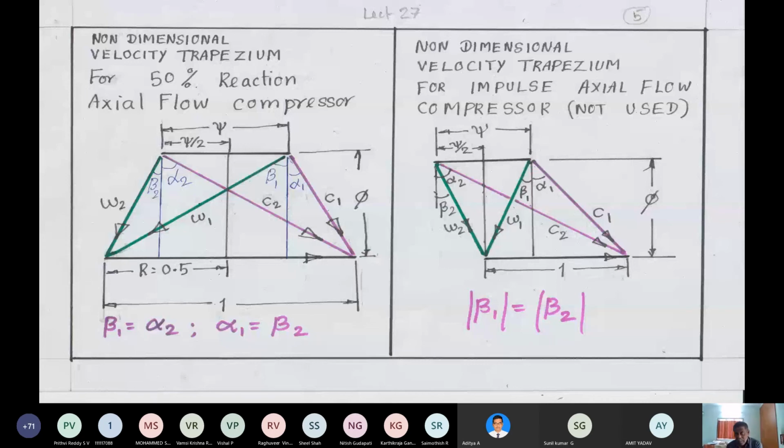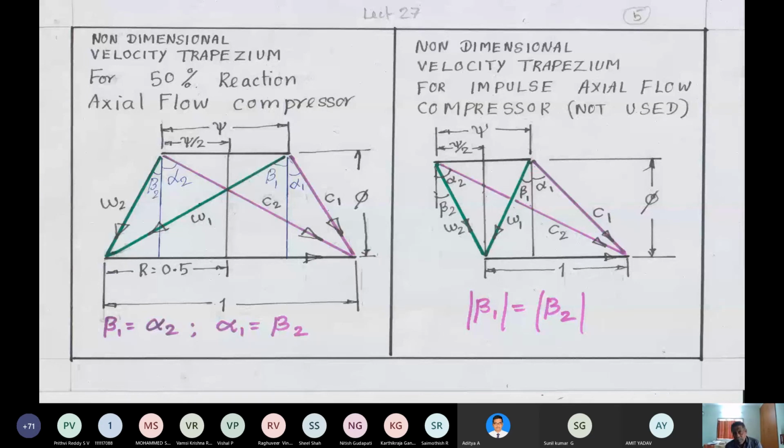And the next consideration is, if the total pressure ratio is so much, and if you have 10 stages, how you allocate the pressure ratio for the stages, the allocation of work or pressure ratio for the different stages.